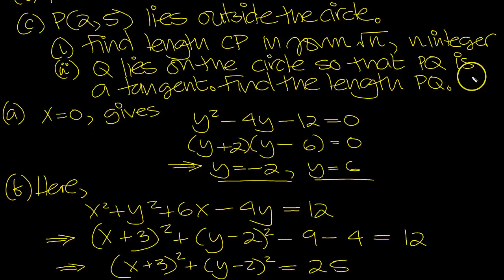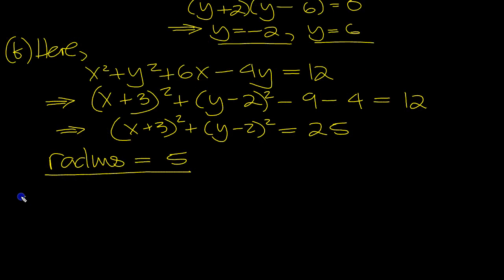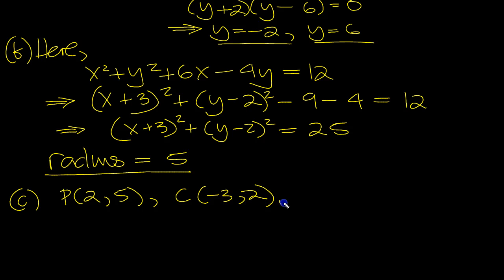P 2, 5 lies outside the circle. Find the length CP. Okay, P is the point 2, 5. C is equal to minus 3, 2.